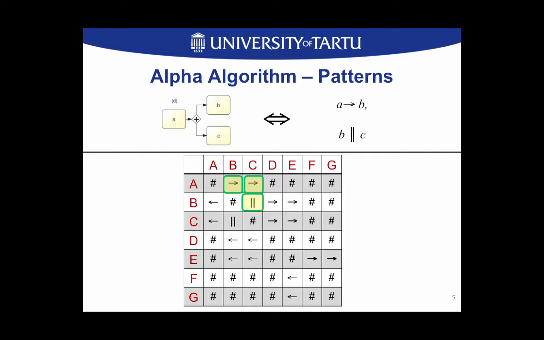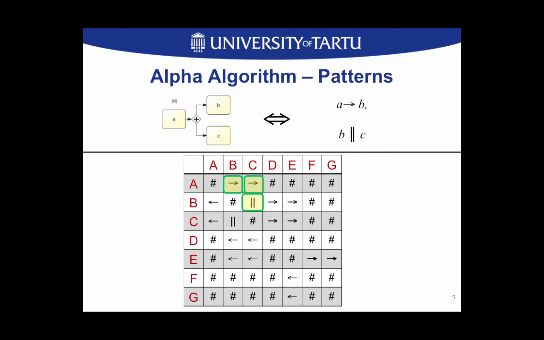And by the way, it generates workflow nets, Petri nets, not BPMN, but there are some very nice methods that will allow you to go from free choice workflow nets to BPMN and vice versa. So it's pretty much isomorphic. And there are like 8 of these rules in the alpha algorithm, and with those rules you take a log and transform it into this table, this matrix, and you discover the process models.